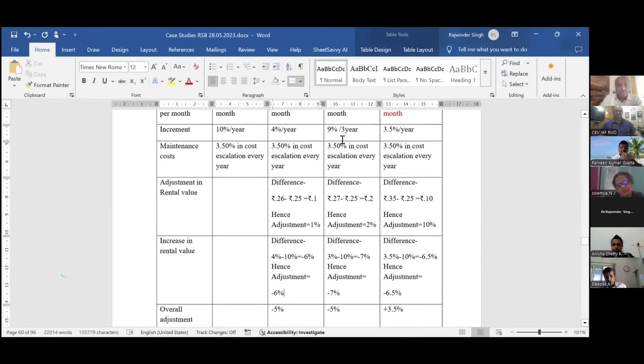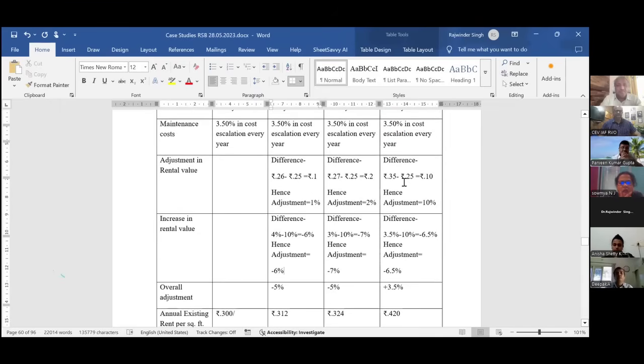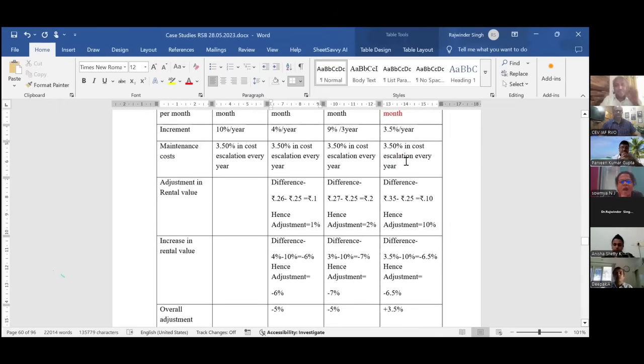Similarly, here it is 3% per year, 9% per 3 years, it means 3% per year, against 10%, minus 7%. Here it is 3.5% per year against 10% per year, minus 6.5%.